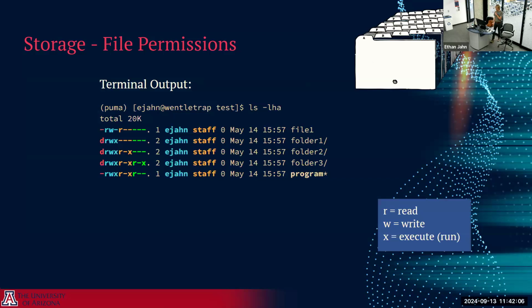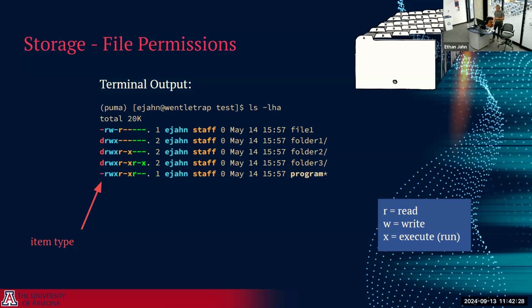On the terminal, this is what you might see. This is an example directory where I've issued this command ls -lha, and you can see there are a handful of different items that show up here. We're going to go through each of the pieces of information available from this output.